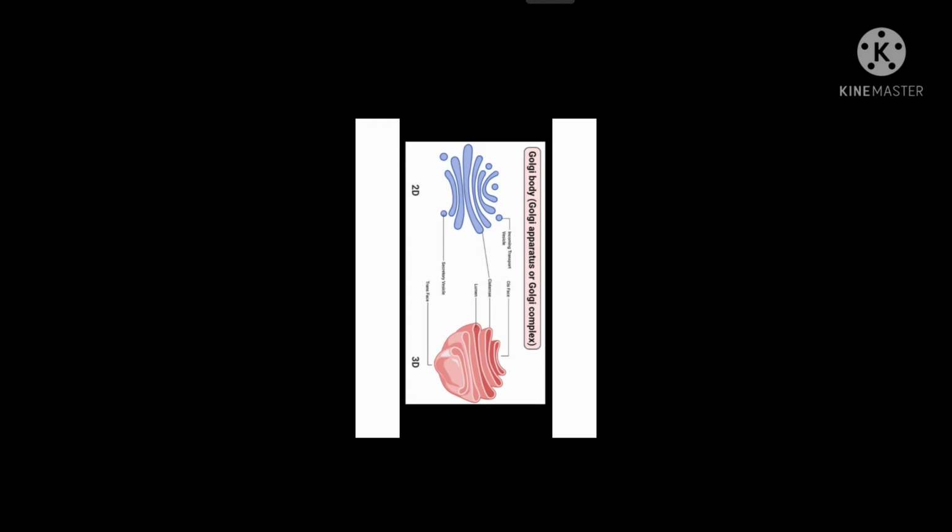If the body requires protein, a vesicle goes out from the Golgi complex carrying the modified proteins, and then the tubules. What are the tubules? As I told in the previous session, for detoxification, tubules are present on the endoplasmic reticulum.